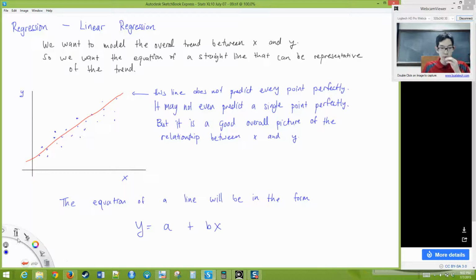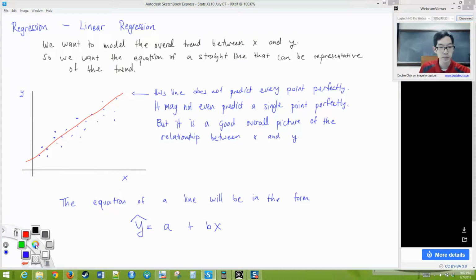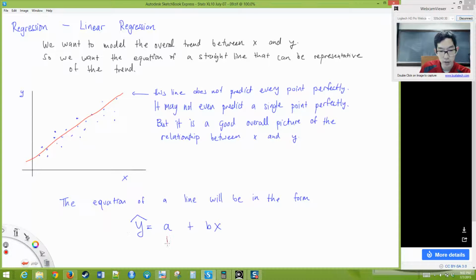And actually I'm going to put a little, this is called a hat. It looks like a roof over y. It's called y hat. Y hat is equal to a plus bx. And what this means is a is our intercept, and b is the slope.